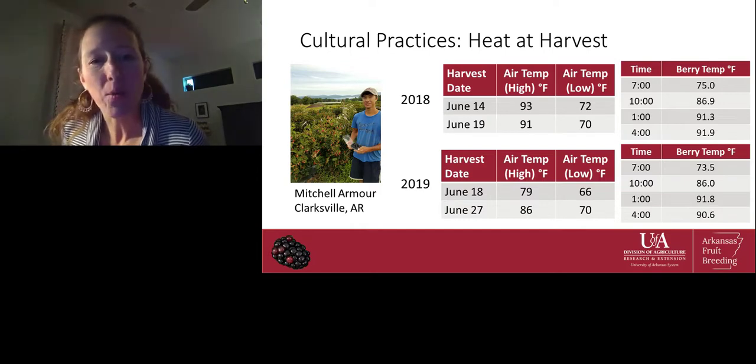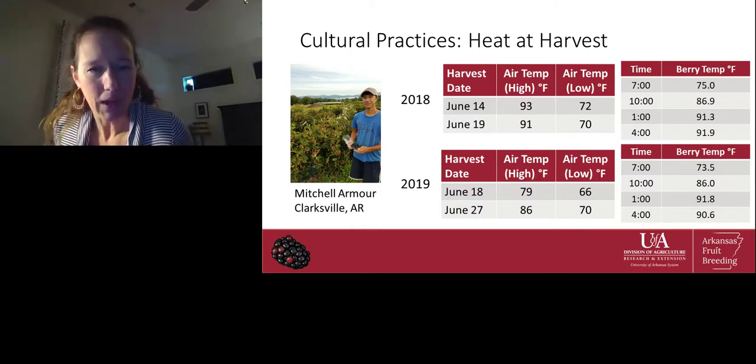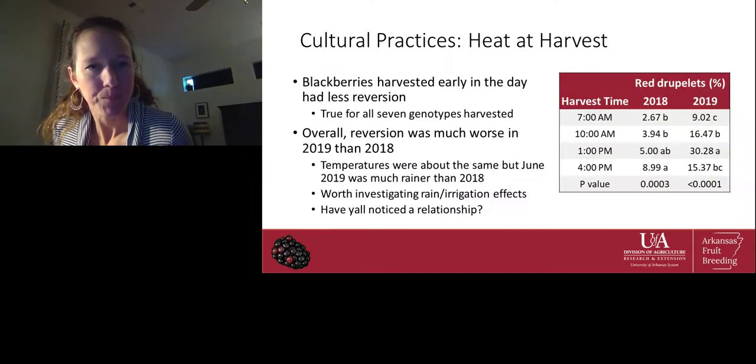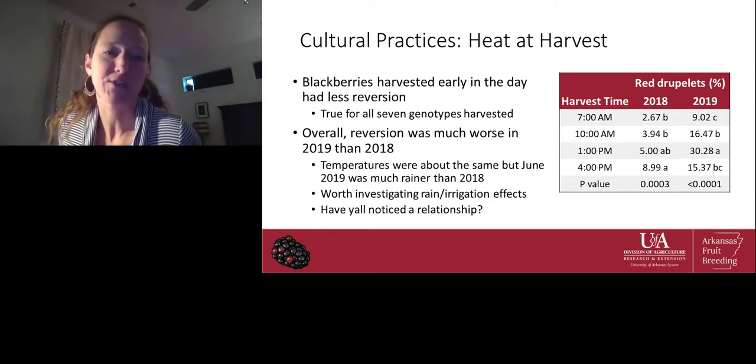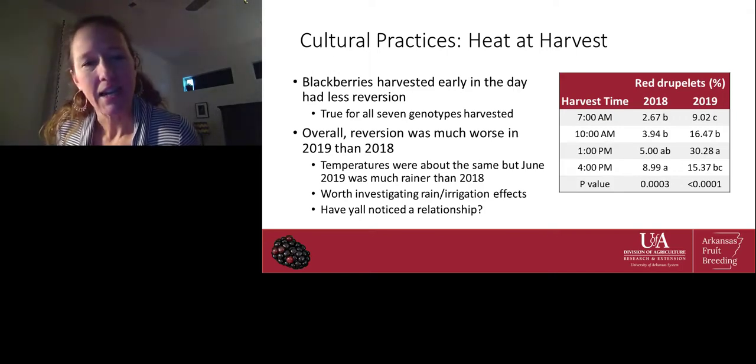And it did get quite warm in both years, so pretty typical weather here. And what he found is what we expect, that basically blackberries harvested earlier in the day when it's cooler had less reversion. That was true for all 7 genotypes harvested.